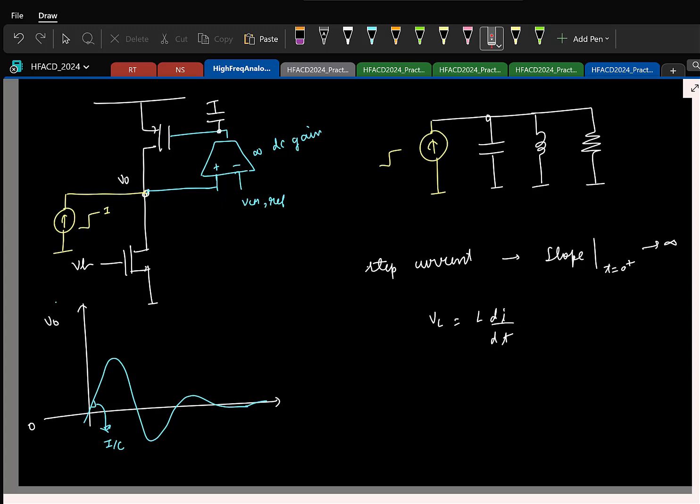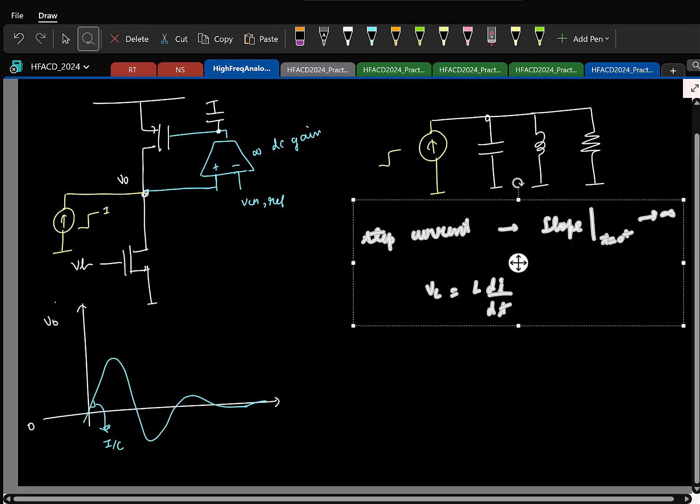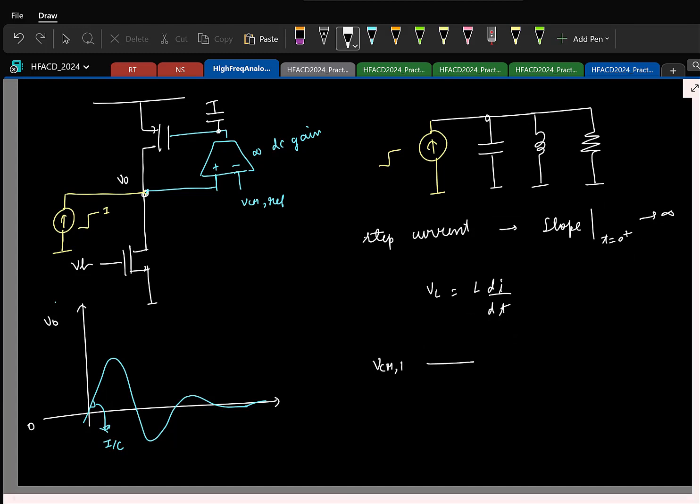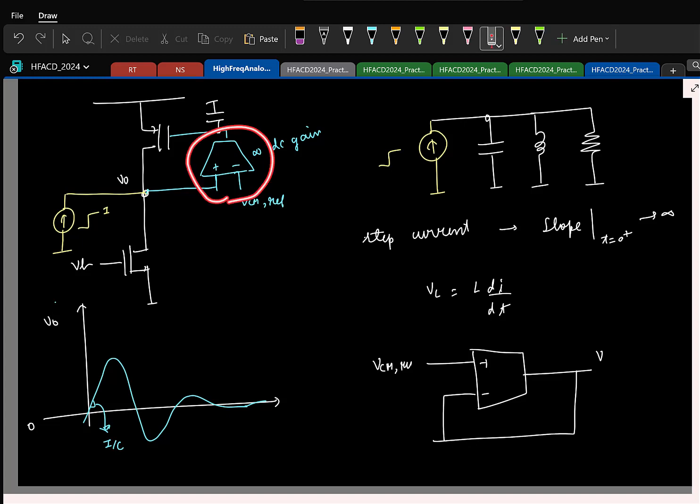So if we have a negative feedback loop like this, let me make some more space. VCM ref is compared to the output, and then we have something. Basically, this guy along with this forms a two-stage OTA, you know that, right?